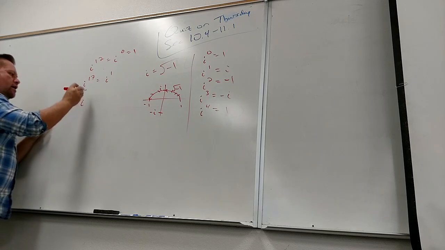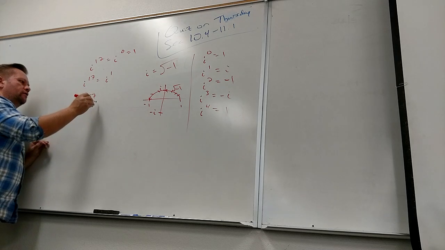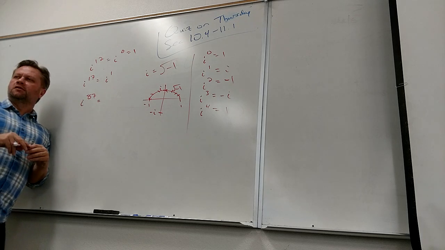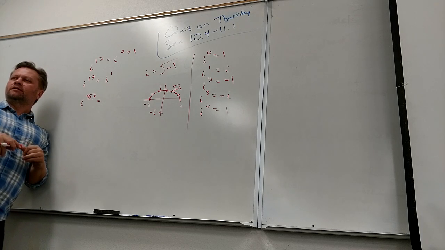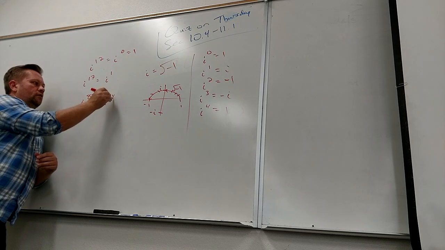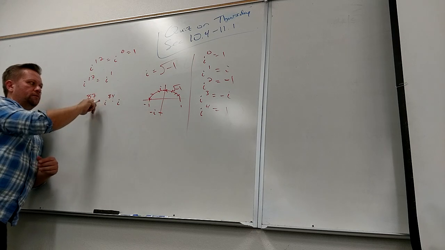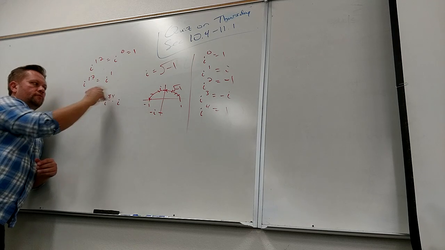So what about i to the 87th? 4 goes into 87. Yeah, 20. So you could do this for yourself. 4 goes into 84, right? And then how much extra? 3.